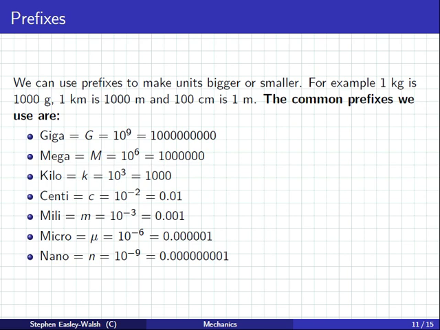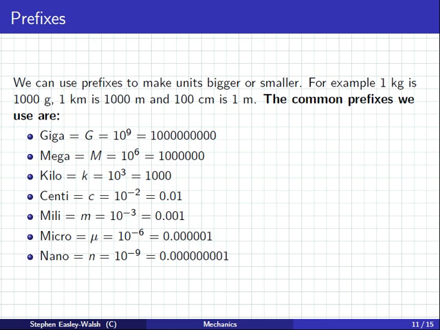I don't think we skipped any others other than deci in between kilo and centi. Is there other ones? Yeah, hecto, deca. Oh, deca, which is 10 power 1. And then what's the other one? Hecto, 10 power 2. Oh my goodness, I don't think I've ever seen that used in physics.